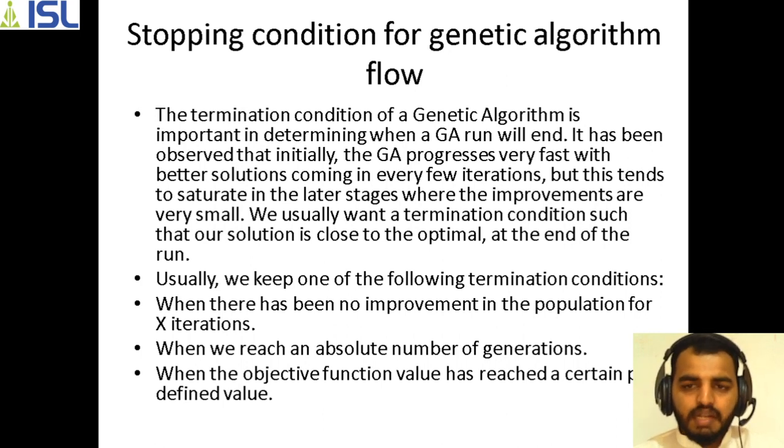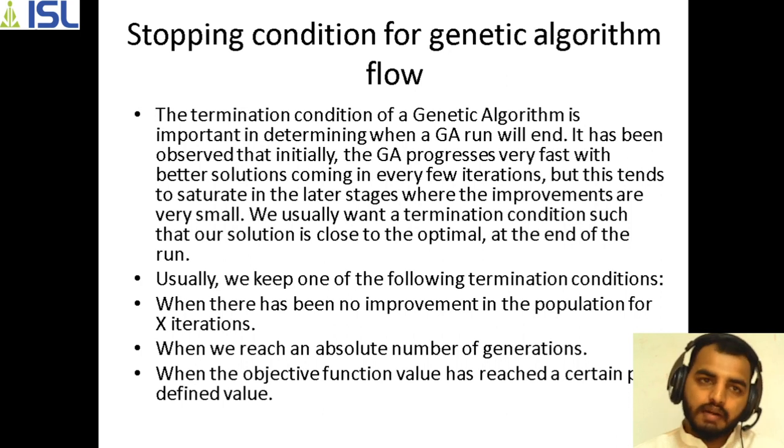It has been observed that initially the genetic algorithm progresses very fast with better solutions coming in every iteration, but this tends to saturate in the later stages where improvements are very minute. We usually want to terminate such that our solution is close to the optimal solution at the end of the run.